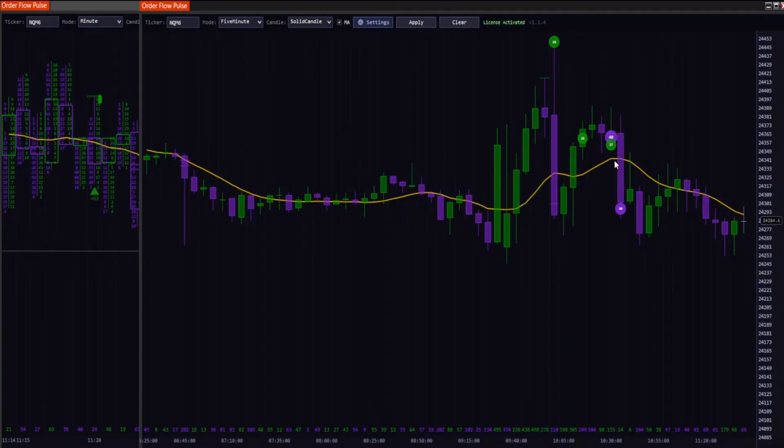We're not seeing that, which means they are not participating. Banks, institutions, market makers, they're not participating today. They might be waiting tomorrow. Tomorrow could be another balance day. We have no idea.